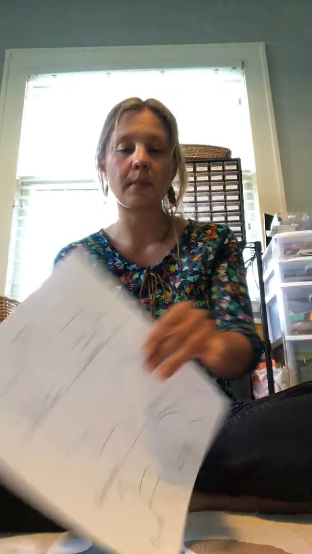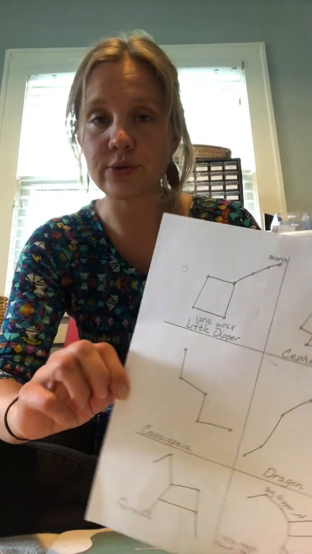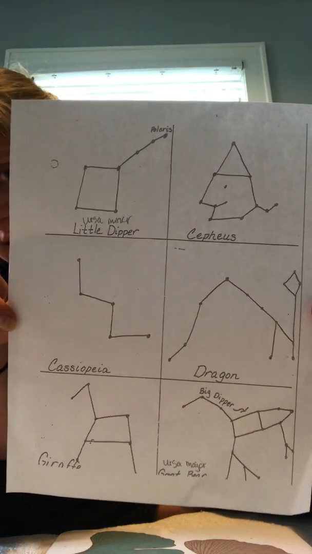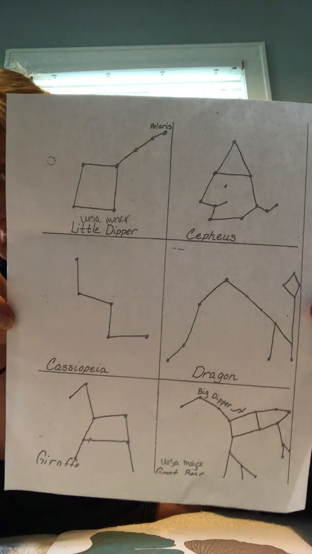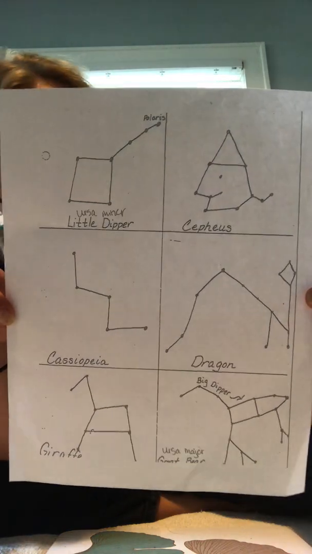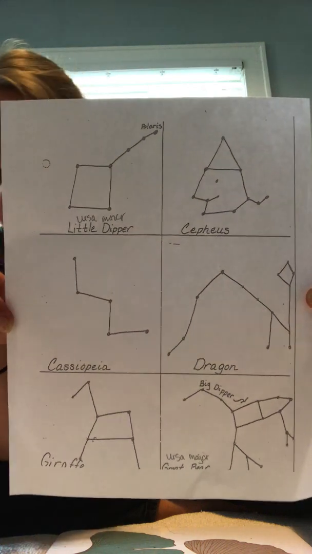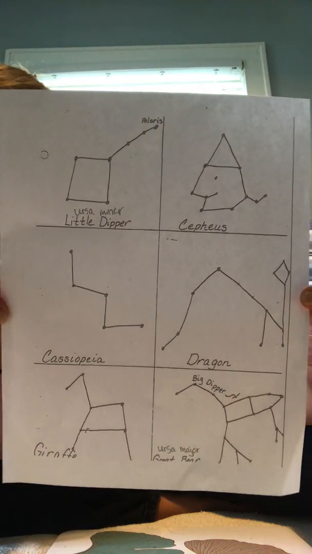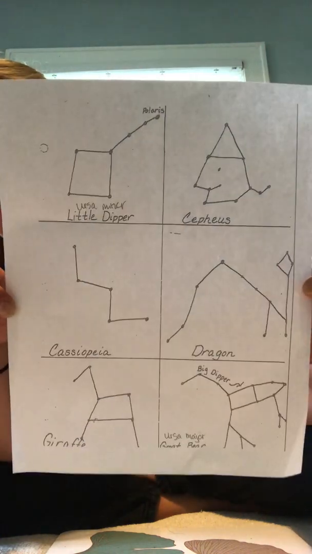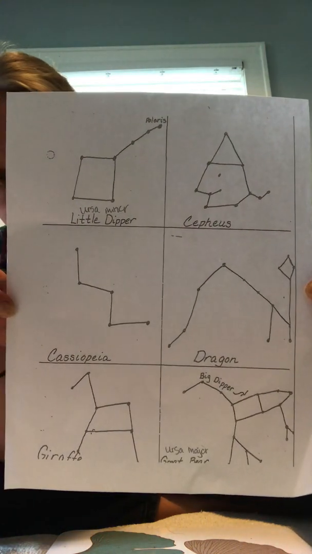What you're going to need for this lesson is to get into your cultural packet and get the paper that looks like this. You can see it has the 6 different constellations. There are another 2 pages that have constellations on them, but we're going to look at those on a different lesson.